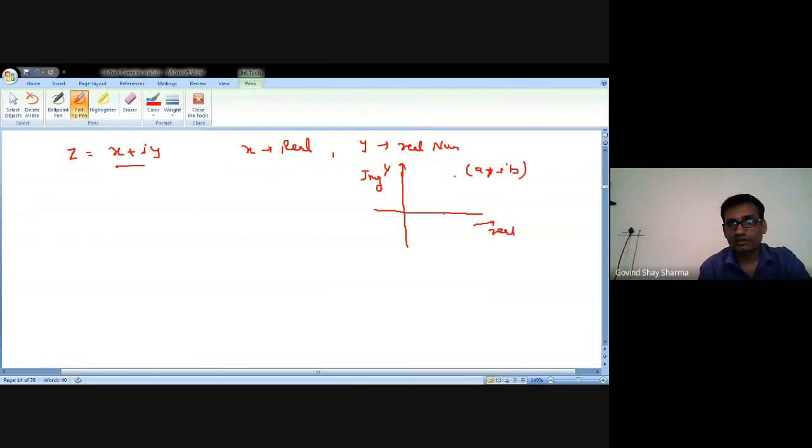This coordinate is (a, 0), and this is the imaginary axis. This coordinate we also get, so this point we get. The modulus of this becomes the square root of x square plus y square.